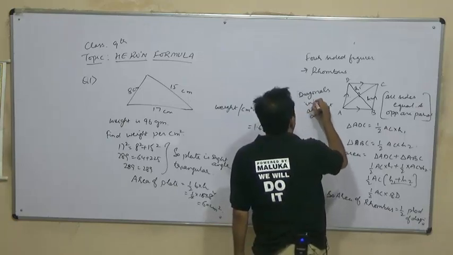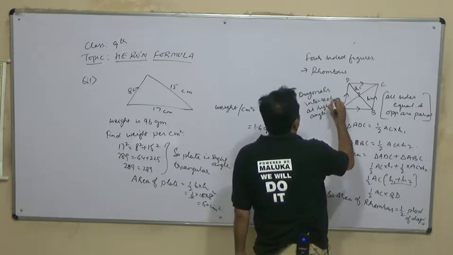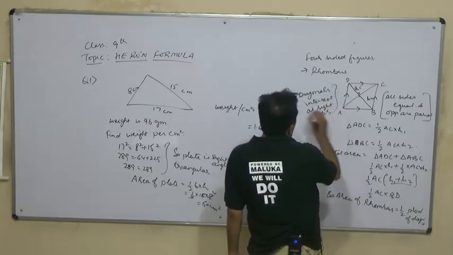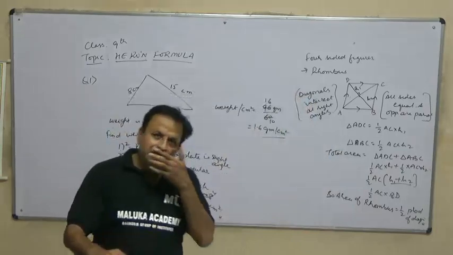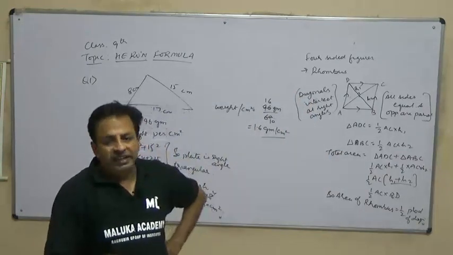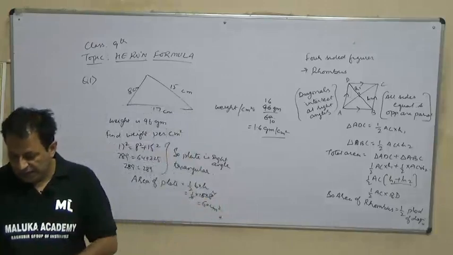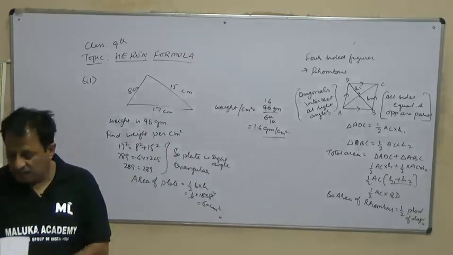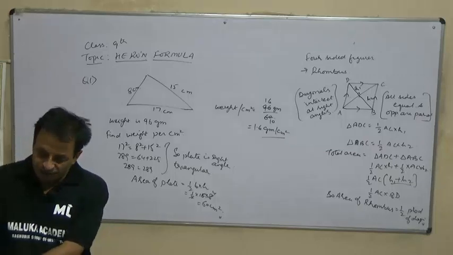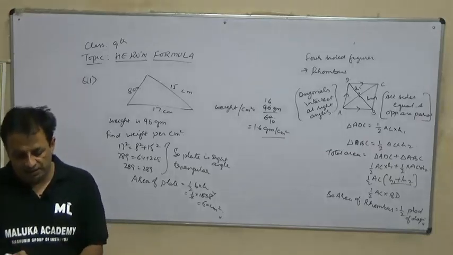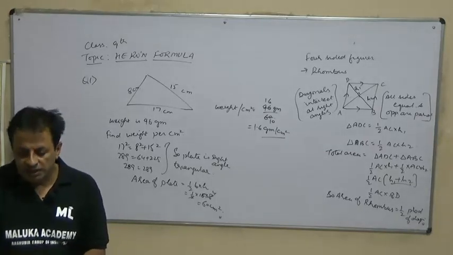Intersect, not bisect, these intersect at right angles. So this is regarding the rhombus. This is how we find the area of a rhombus, by the concept of dividing it into two figures. Then the next four-sided figure is our trapezium.